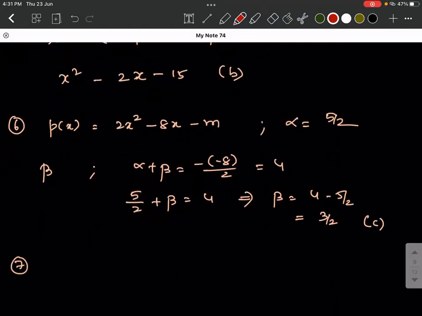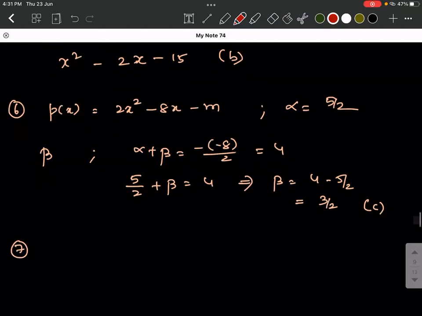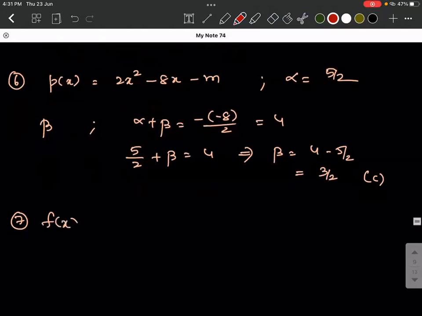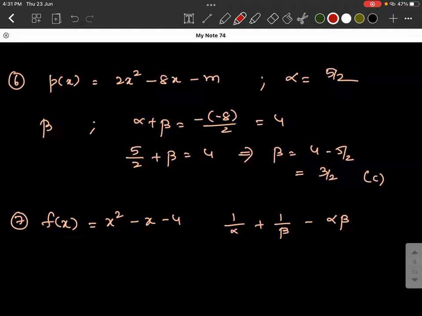Seventh one, can we try? If alpha and beta are the zeros of the quadratic polynomial f of x is equal to x square minus x minus 4, then find the value of 1 by alpha plus 1 by beta minus alpha beta. How to do it? You could substitute, but can we do it in a slightly more mature way? We'll take LCM and then solve.